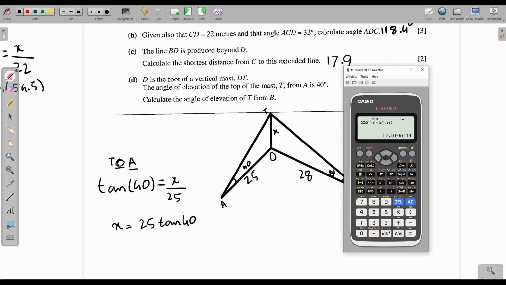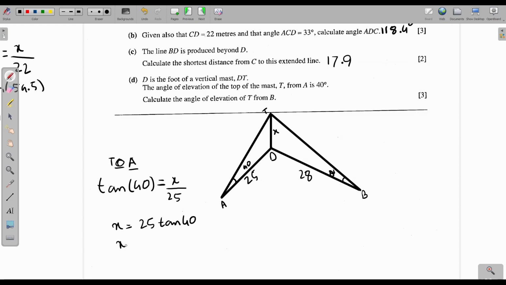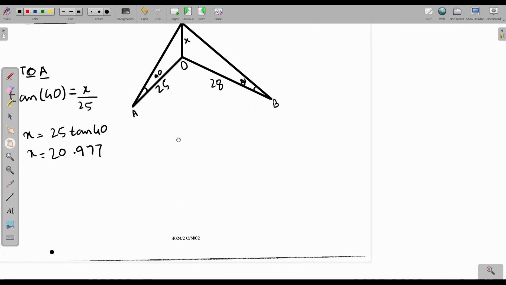So let's find that out. 25 tan 40 gives us 20.977, just for accuracy. Now we have this, and we have this, and we just need the angle. Again, we have the opposite and the adjacent, but this time we don't have theta.